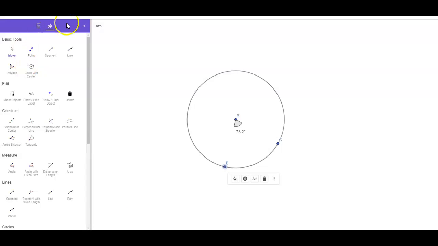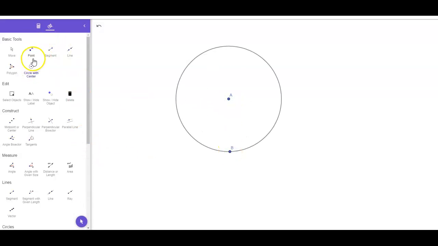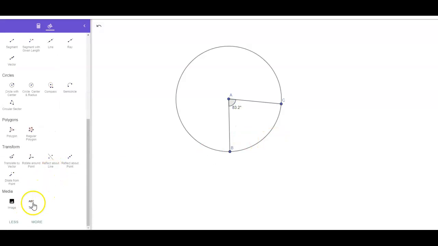So if I go ahead and draw a circle and construct two radii in, then I'm going to measure this central angle. What you have to understand is if that central angle is 83.2 degrees, the measure of this arc would also be 83.2 degrees.